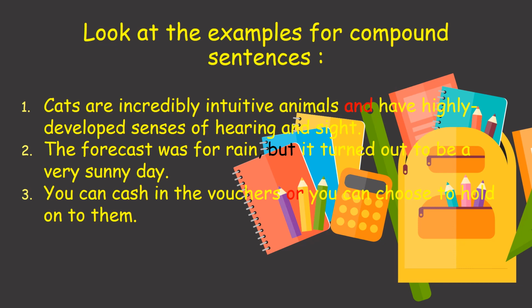Look at the second one. The forecast was rain, but it turned out to be a very sunny day. So you can see in this sentence there is a comma and a coordinating conjunction. What is the coordinating conjunction here? But.